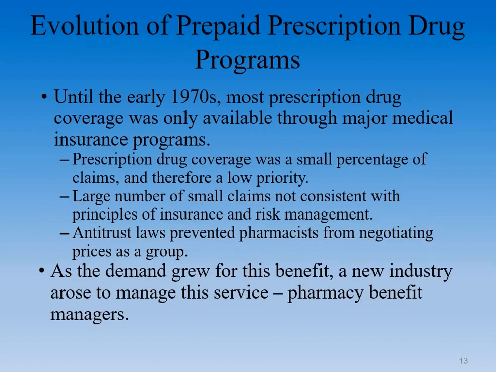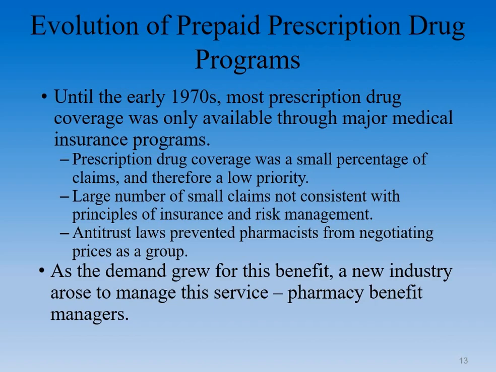Looking at the evolution of prepaid prescription drug programs, until the early 1970s, most prescription drug coverage was only available through major medical insurance programs. Prescription drug coverage was a small percentage of the claims and therefore a low priority.